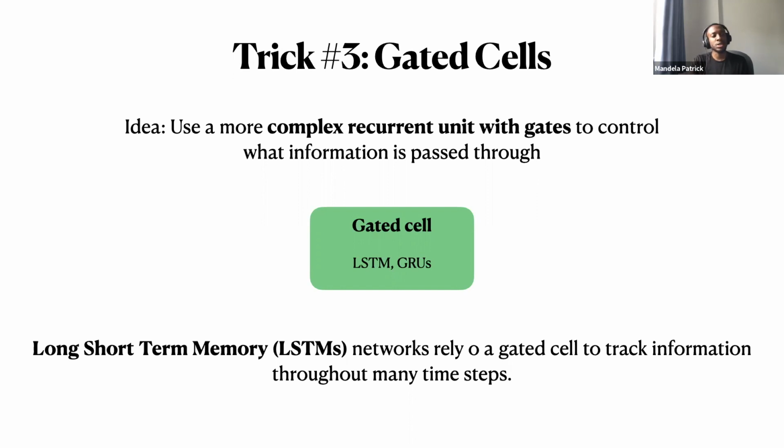LSTM stands for long short-term memory, and it uses a gated cell mechanism to control information flow so that information can be propagated back many time steps. With a combination of activation functions, weight initialization, and these gated recurrent units, we can model very long-term dependencies in sequences like language.